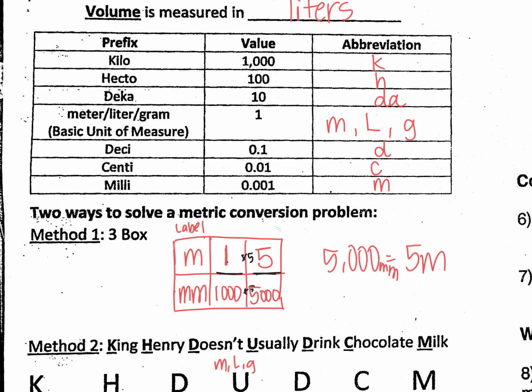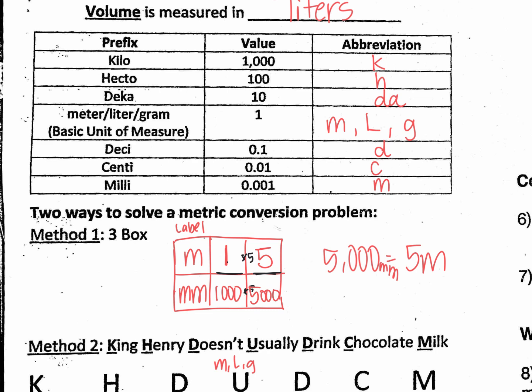So this is where I start. How many places do I need to move to the left to get to the K? 1, 2, 3, 4, 5 places to the left, which means that in this number, 1,200, I would start at the end and move the decimal 1, 2, 3, 4, 5 places to the left.